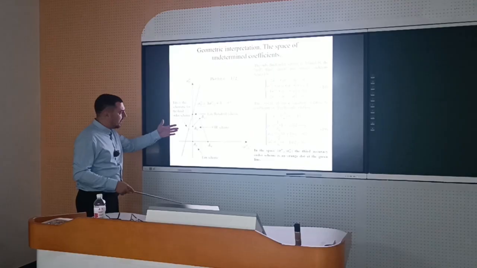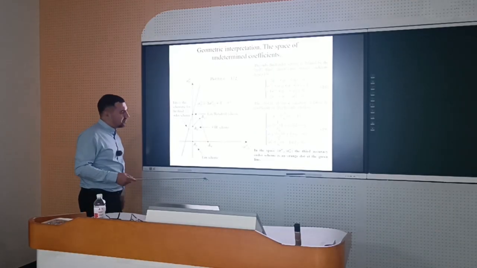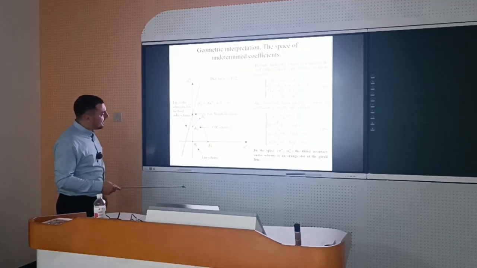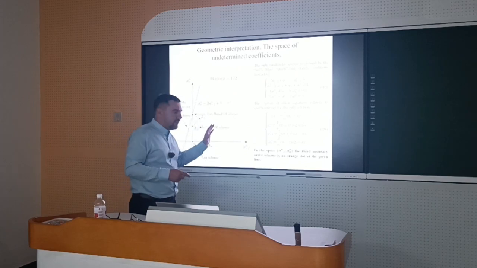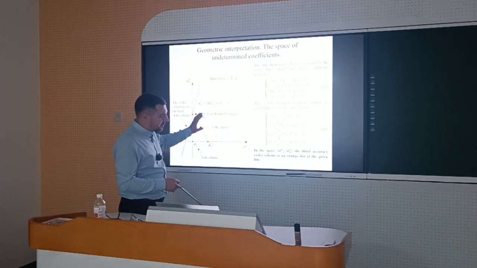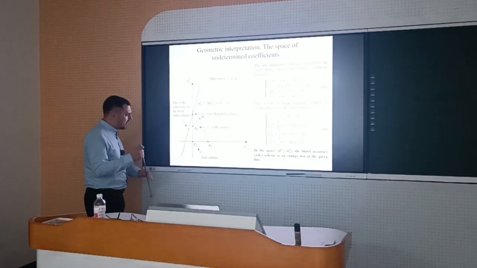For example, the Godunov theorem can be solved using this space of unknown coefficients. Maybe all this mathematics is a bit confusing, but I tried to explain to you the main idea. And next time I'll show you the simulation results.